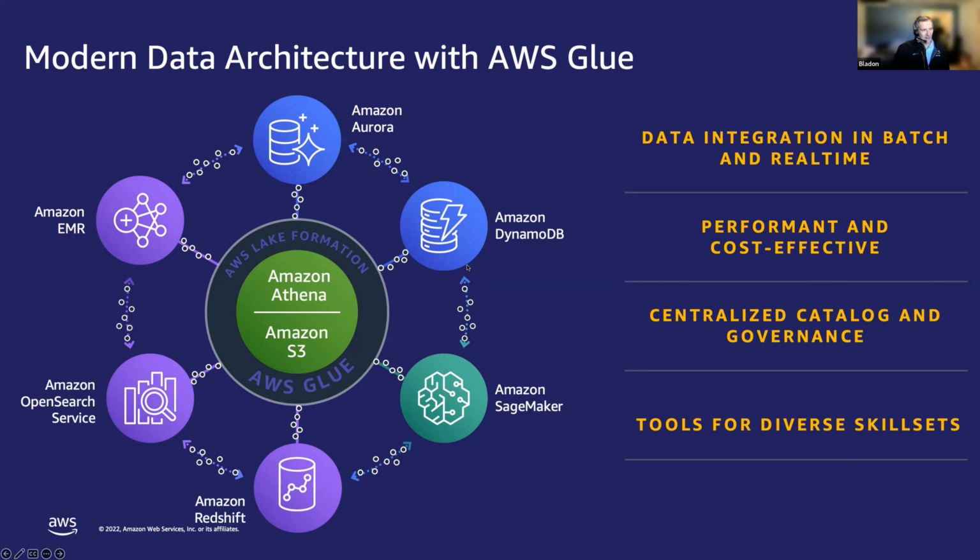So that's what these arrows are showing, between, say, Amazon DynamoDB and SageMaker. So you can actually move data around that way. But the focus here is just the ability to, again, land the data in S3 as the starting point and the centralizing point of your data lake architecture.